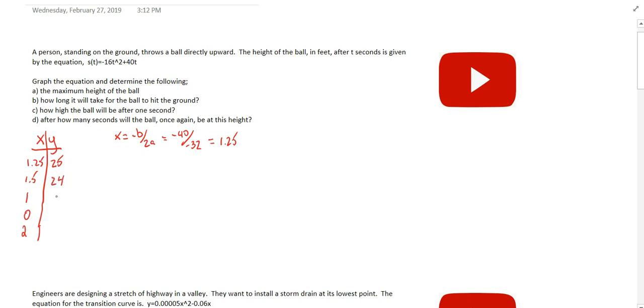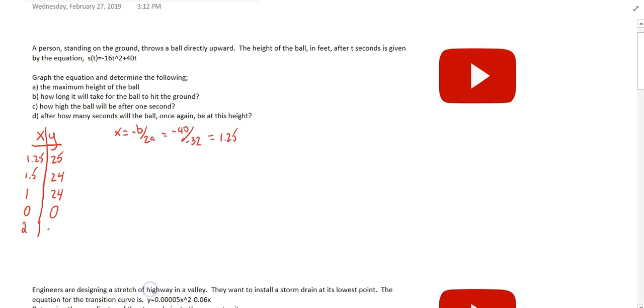Then I can plug 1 in and I'm going to get 24. And if I plug 0 in, I get 0. And if I plug in 2, negative 16 times 2 squared plus 40 times 2.